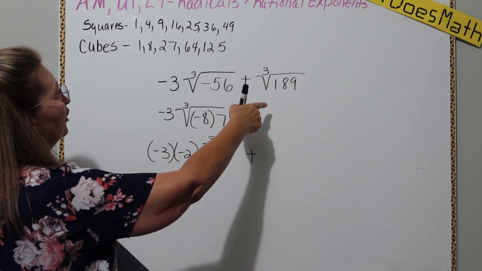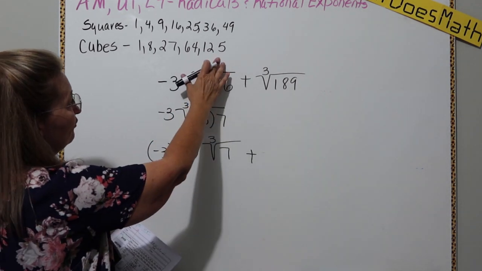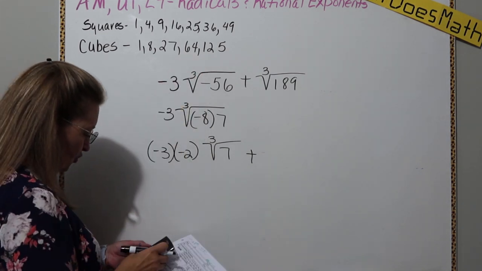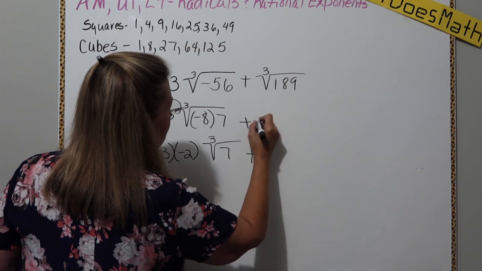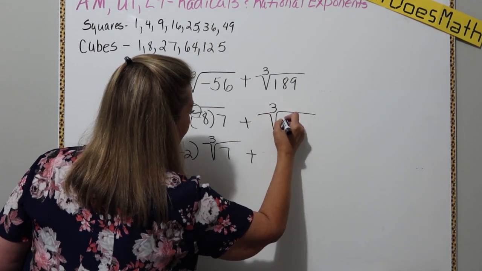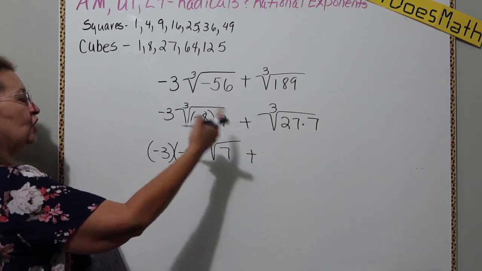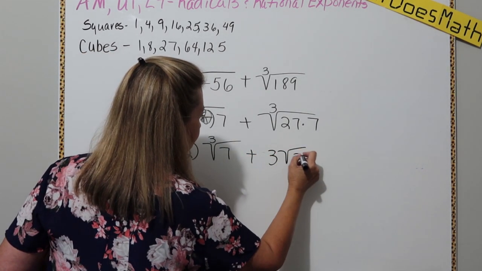down here, a perfect cube that will go into 189. Well, I know 125 won't go, 64 won't go, 27 will go 7 times. So I'm going to factor that as 27 times 7. Alright, the cube root of 27 is 3.